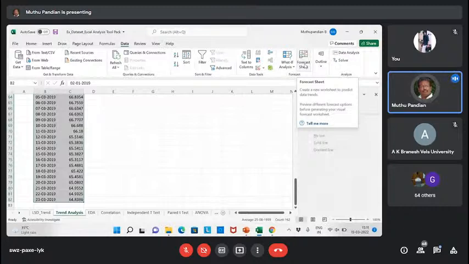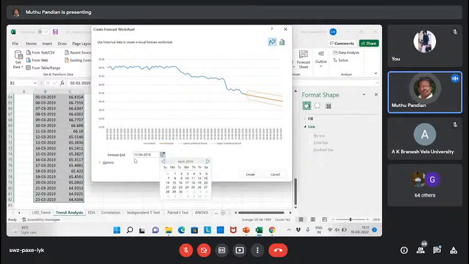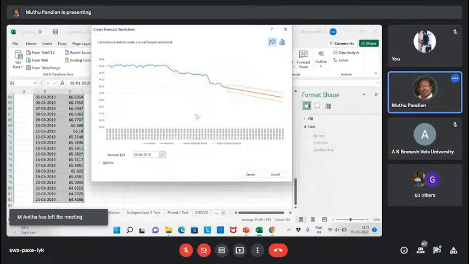Okay, you can click here and you will get the predicted result. If you want to alter your forecasting period, you can alter it here. For example, it predicted up to 13th April, but I want to predict up to 30th April. You can choose, and it will be predicted.